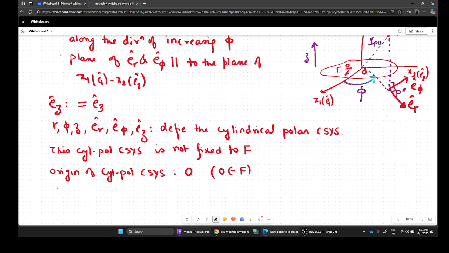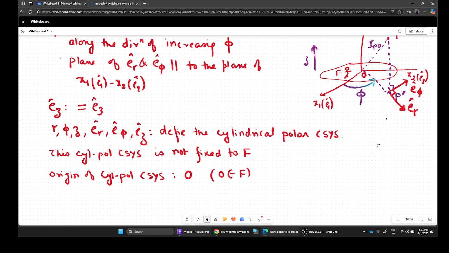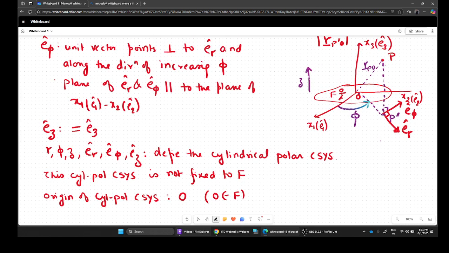But you observe the definition of e_R and e_phi. What will happen if at the next time instant point P moves from this location to say another location here?